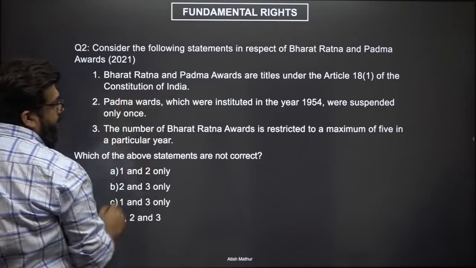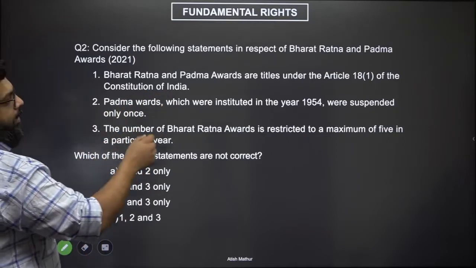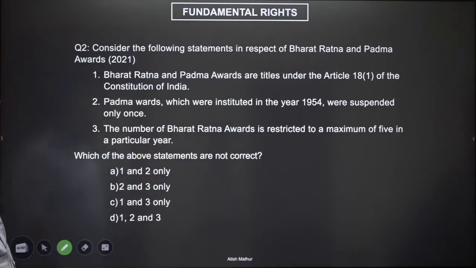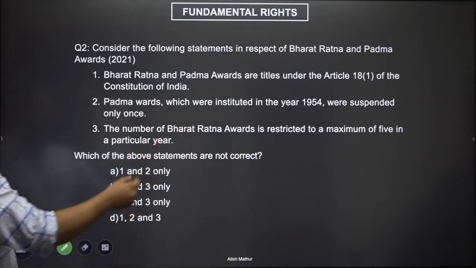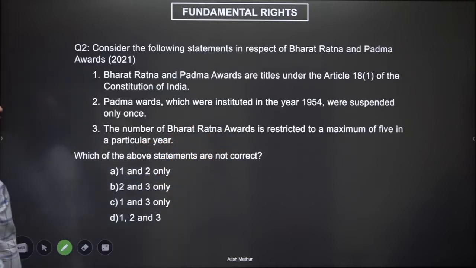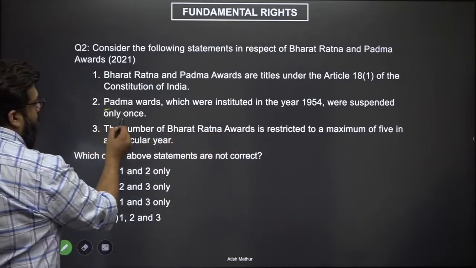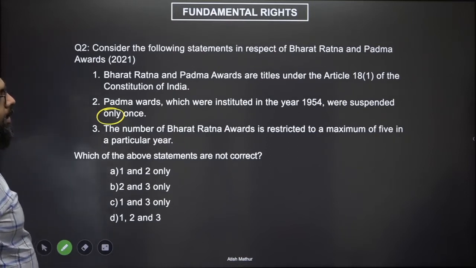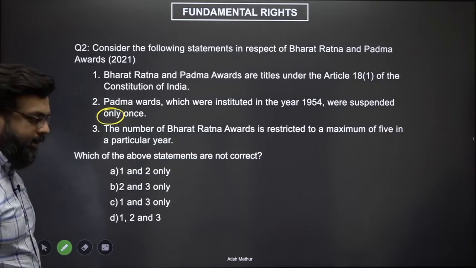Bharat Ratna and Padma awards are titles under Article 18 Clause 1 of the Constitution of India. Padma awards, which were instituted in the year 1954, were suspended only once. Again, this makes us look at the statement with a degree of suspicion. The number of Bharat Ratna awards is restricted to a maximum of 5 in a particular year.